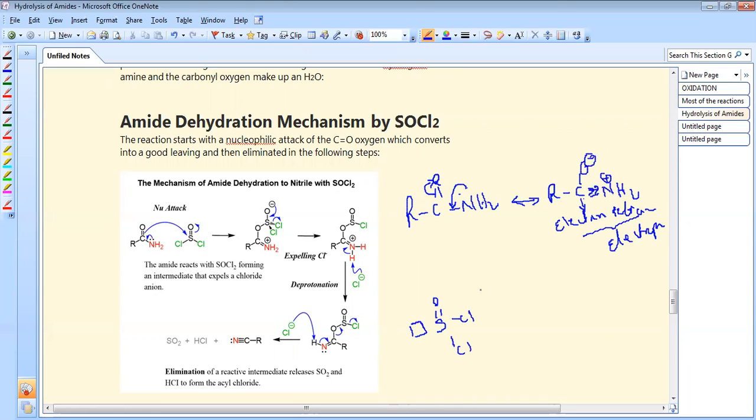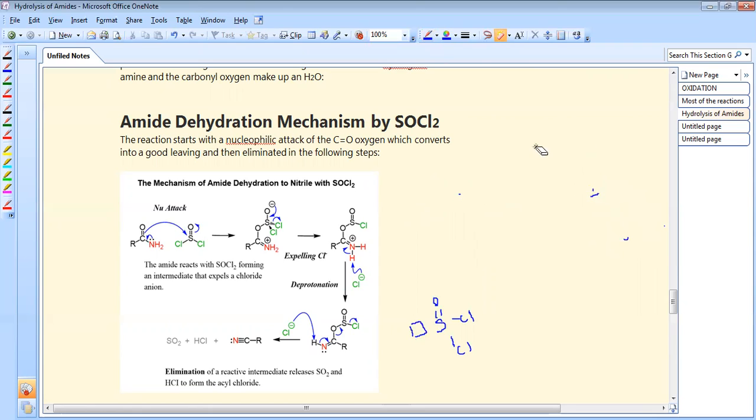It will utilize that vacant orbital to take up electrons from this oxide, R C with O minus and double bond NH2 plus.